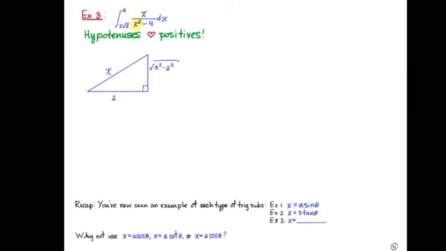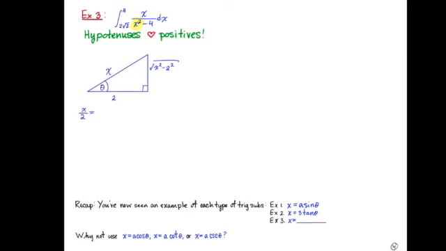And now to figure out what substitution we want to use, we are always looking for what trig identity will give us x over the constant. So what trig identity gives us x over 2? And x, that is our hypotenuse, over the adjacent. Oh, we should label our theta. That's really important too. Don't forget to label your theta.